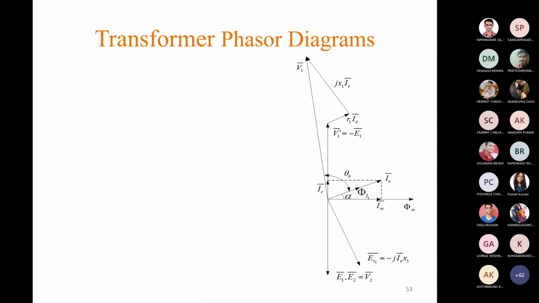Okay, harmonics means there will be one fundamental frequency, that is 50 hertz frequency voltage, and with that fundamental frequency voltage there will be some other voltages also which will have frequencies in multiples of the fundamental frequency.